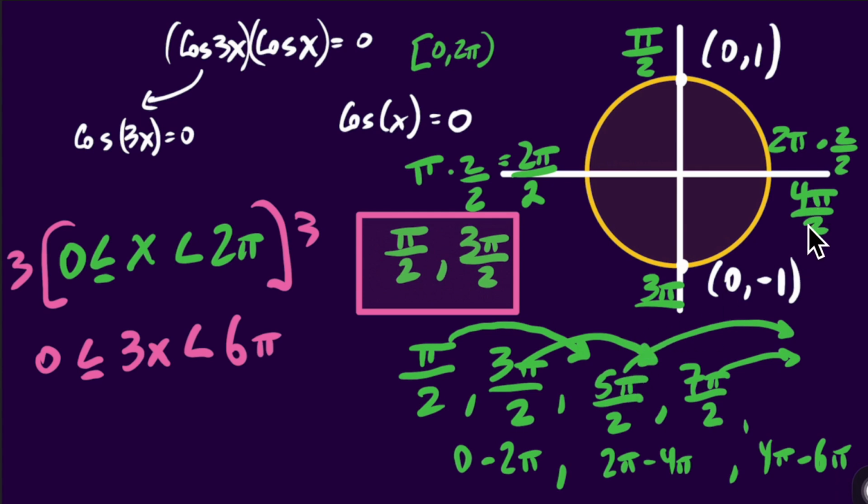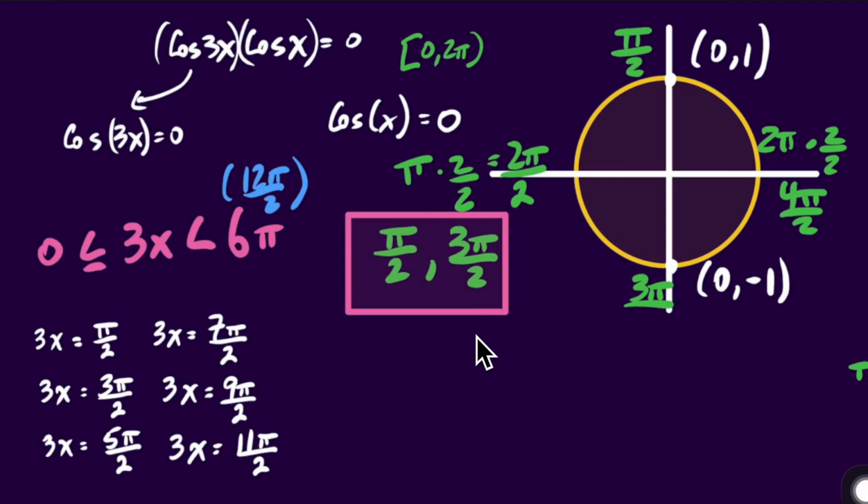So we're going to add 4 pi over 2, otherwise known as 2 pi, to 5 pi over 2, and we're going to get 9 pi over 2. And then we're going to add 4 pi over 2 to 7 pi over 2 and get 11 pi over 2. Okay, folks, so now what we're going to do is we're going to set 3x, which is the argument, to each one of these. And then we're going to solve for x.